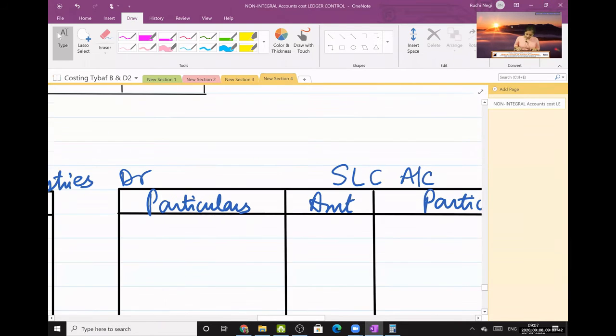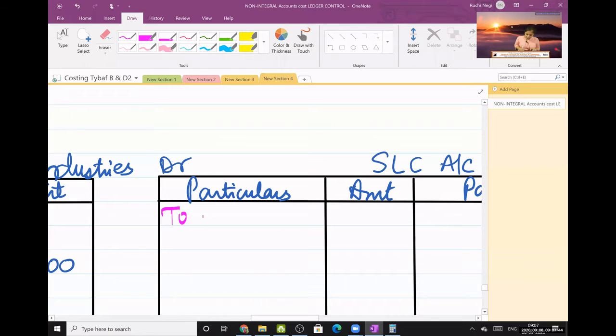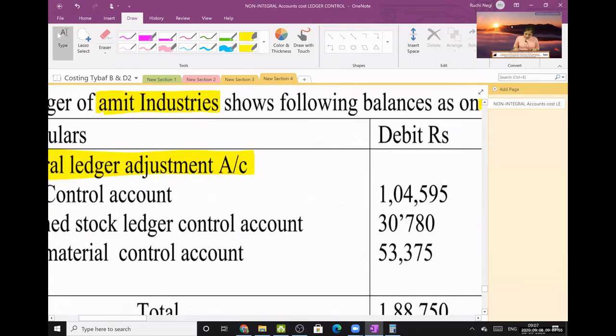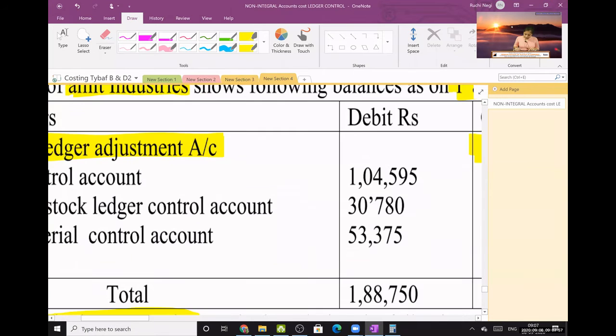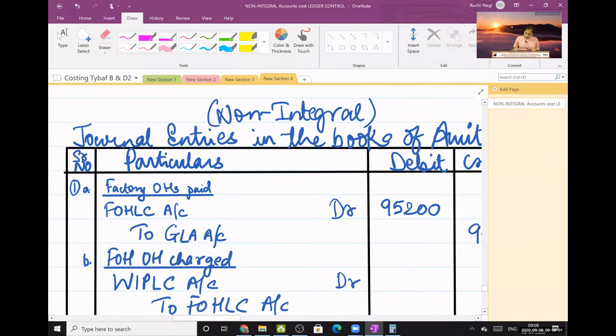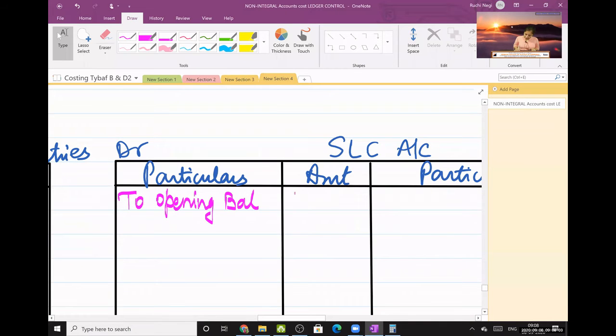Stock opening balance, to opening balance. Raw material, how much? 53,375. So I get here 53,375.